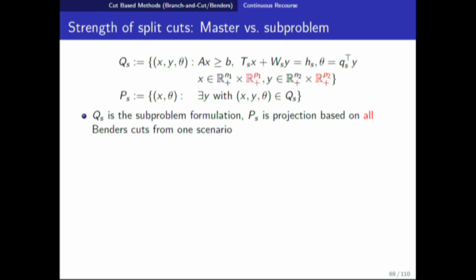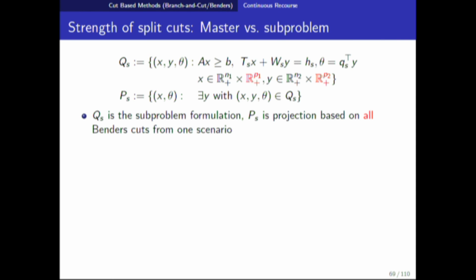And so I'm going to consider now two different polyhedral relaxations. So on the one hand, there's this set Q_s, where, as I mentioned, I'm introducing this variable theta that is sort of the objective variable for the scenario s. And I have my variables x and y, and I'm first of all going to look at the LP relaxation Q_s, where I relax those to be continuous.